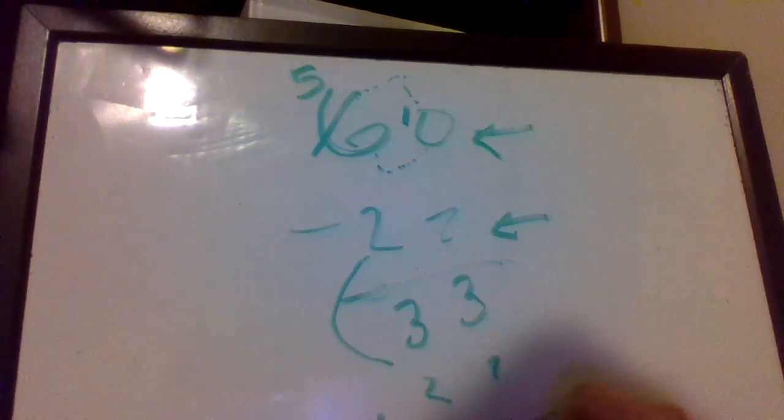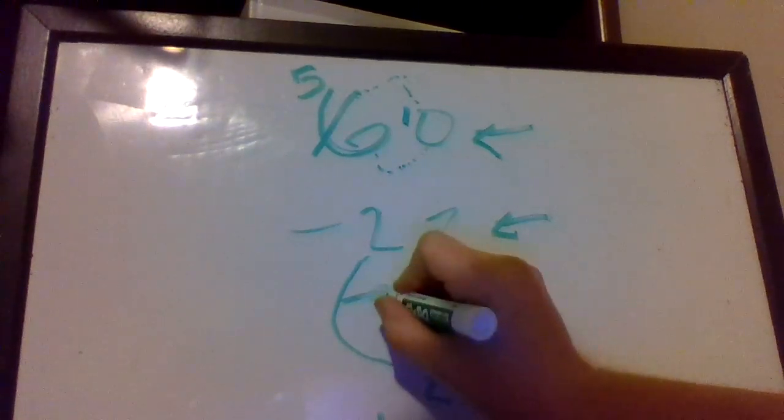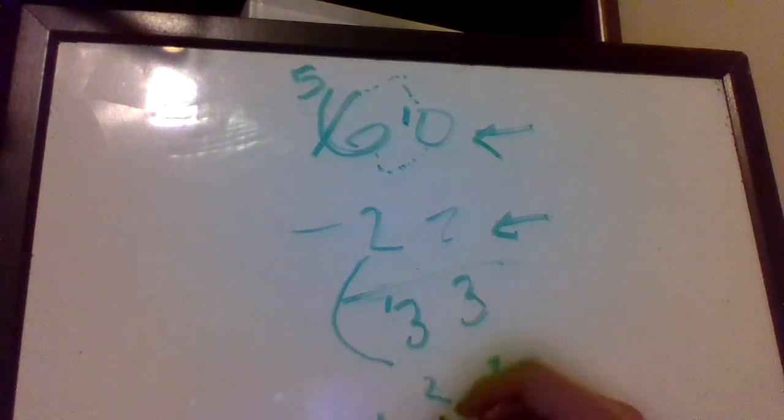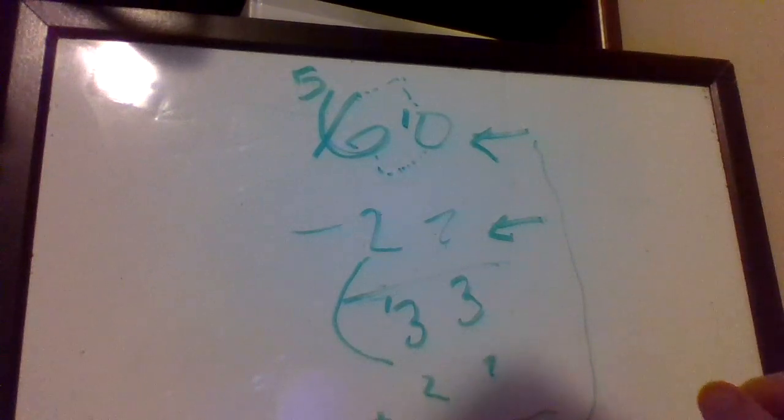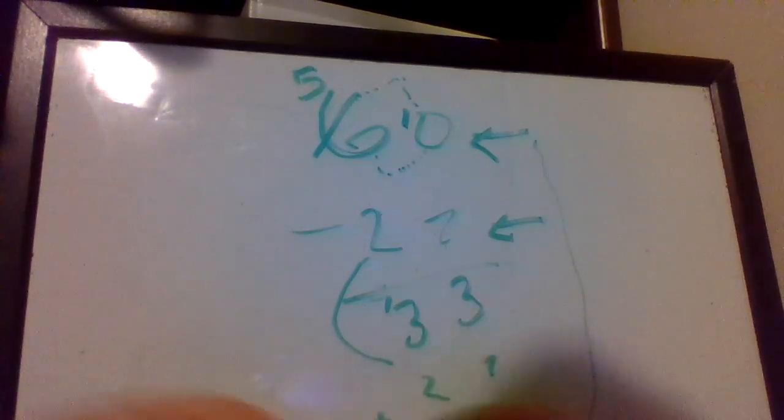Put your 0 down here. Carry your 1. 3 plus 2 is 5. Plus 1 is 6. We get 60. And 60 is what we started with. So, we know we got it right.